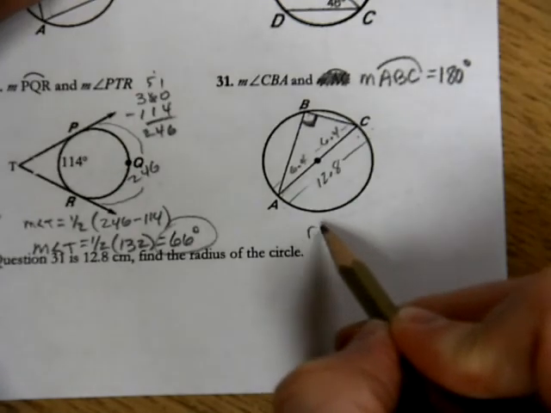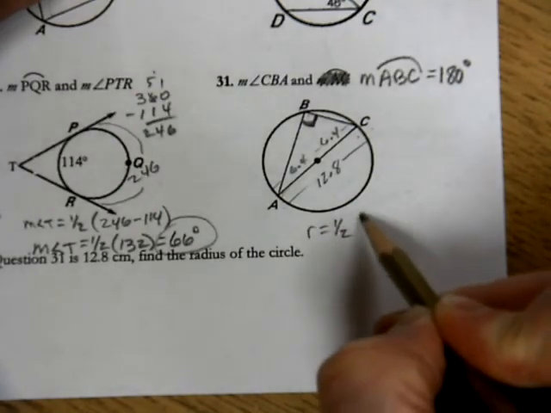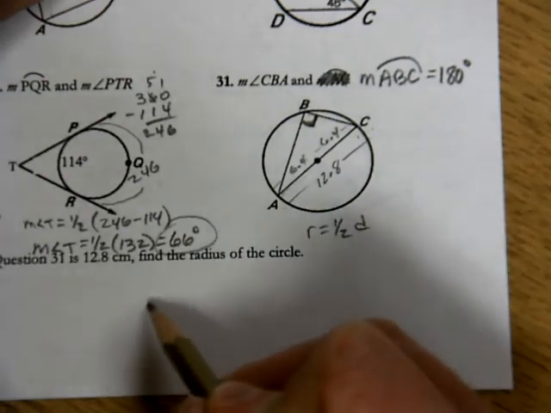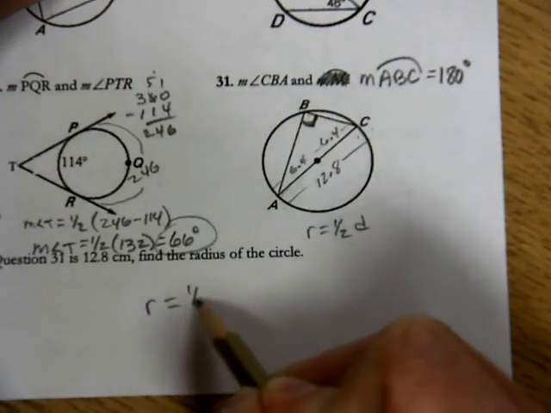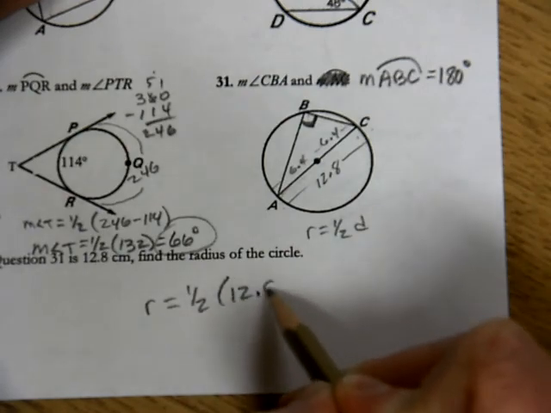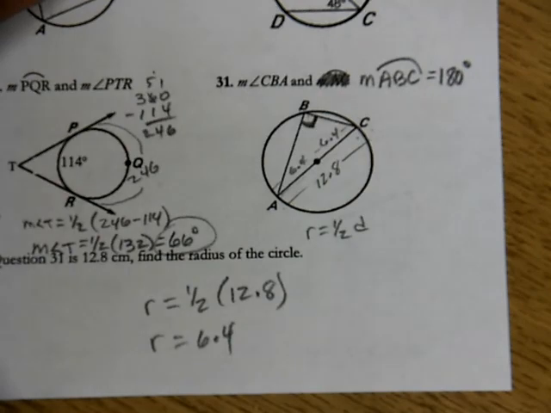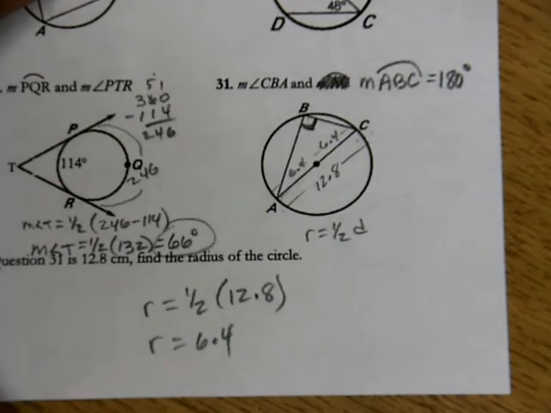The radius equals half the diameter. So the radius is going to be half of 12.8. 6.4. Good luck.